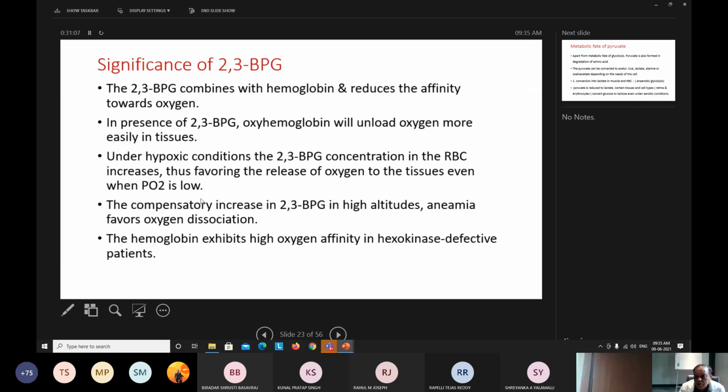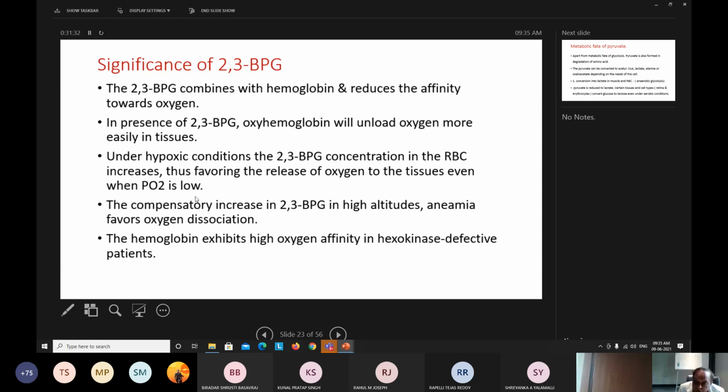Now, what is the importance of this intermediate formation of 2,3-bisphosphoglycerate? It combines with hemoglobin and reduces its affinity towards oxygen, so it helps to unload oxygen more easily in the tissues.